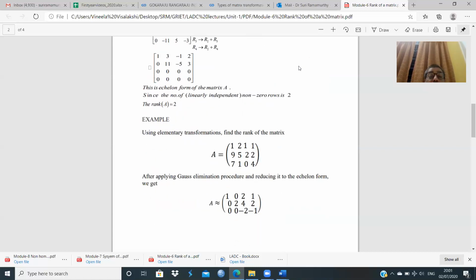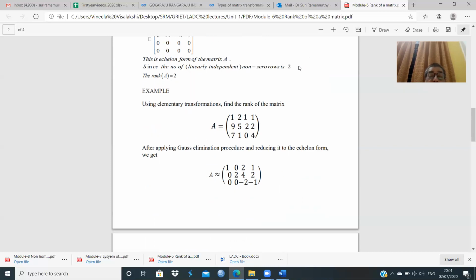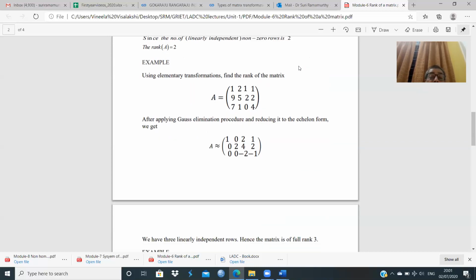The second example is also a similar one. This is a 3 by 4 matrix, and as we understood, the rank cannot be more than 3, and we apply row transformations, and we find that it has been reduced to the upper triangular form or the echelon form, and it is a full rank matrix. The rank is 3.